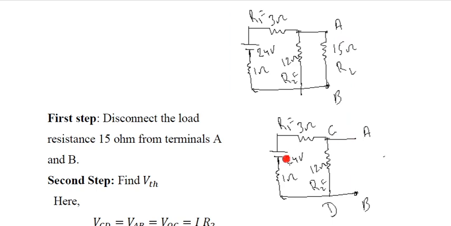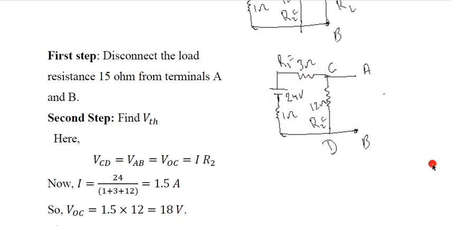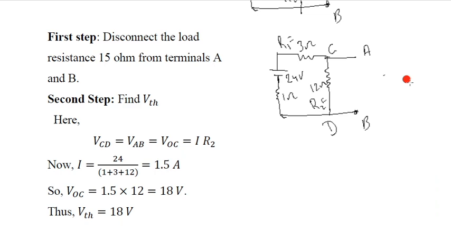And now the potential difference between A and B is called the open circuit voltage, because the terminals A and B are open here. As the terminals A and B are open, we call this potential difference between A and B VOC, or open circuit voltage, or VAB, or VCD also, because CD and AB are parallel.